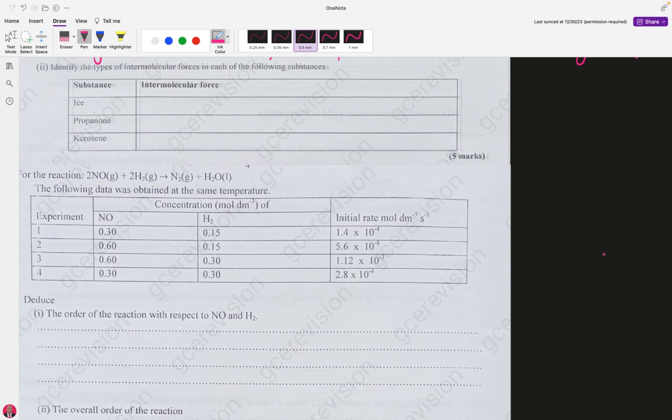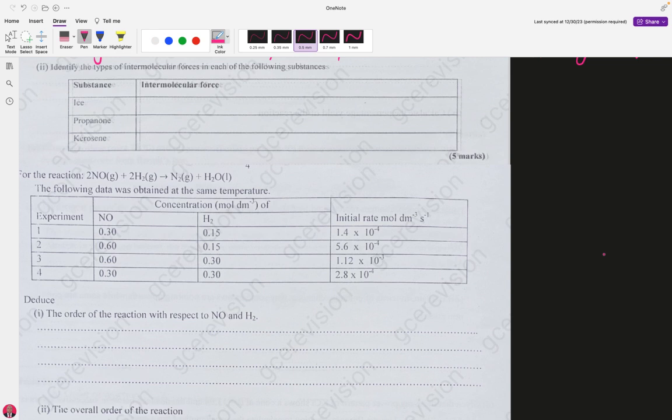Intermolecular forces, the van der Waals forces. There are different types of induced dipole attraction, London dispersion forces, or instantaneous forces of attraction. Those are what we call the intermolecular forces under the canopy of the van der Waals forces.